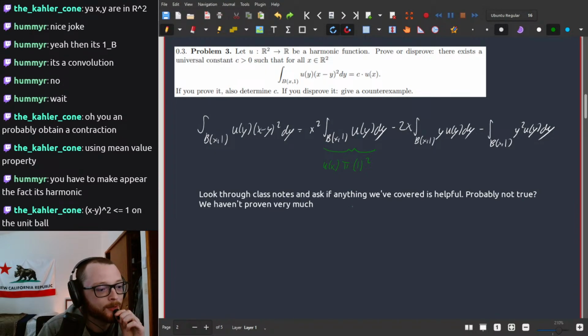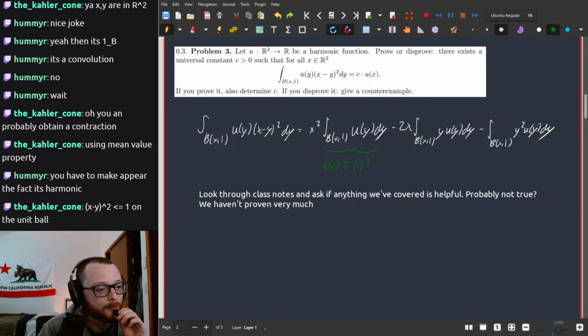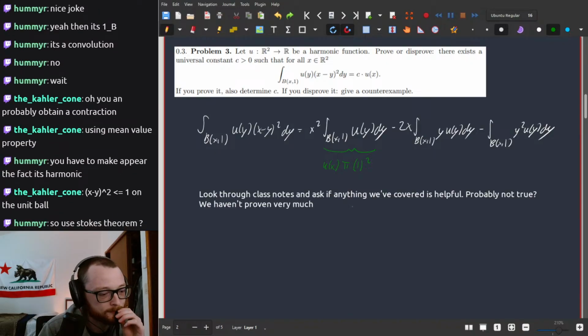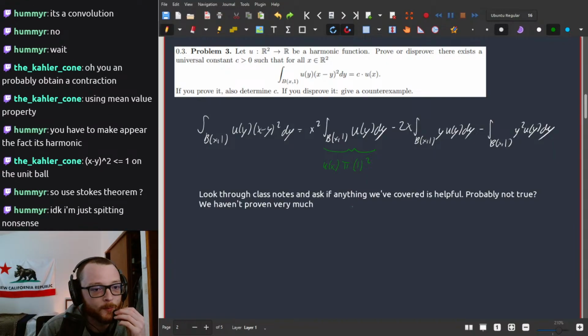x minus y squared is less than or equal to 1 on the unit ball. Well, y is in the unit ball, and x is anything.